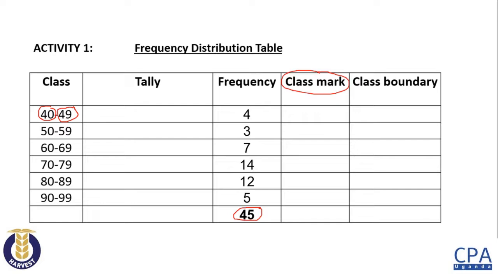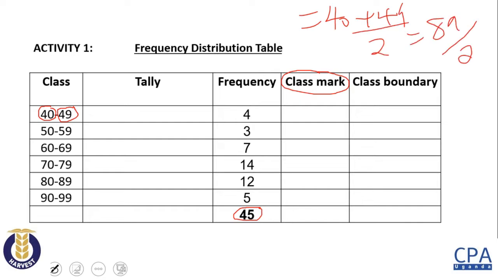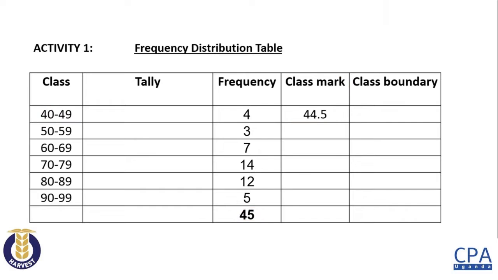Now, when you look at our figures here, when you get 40 plus 49 divided by 2, of course, that is 89 divided by 2. My calculator is giving me a figure that I'm going to bring in my class marks here, a figure of 44.5.